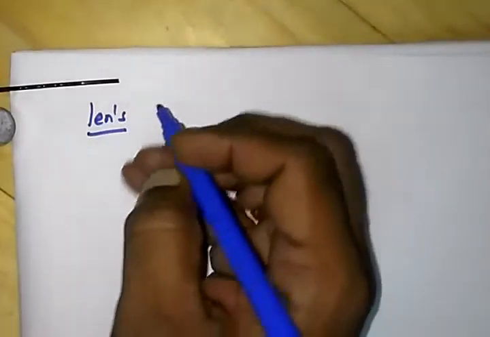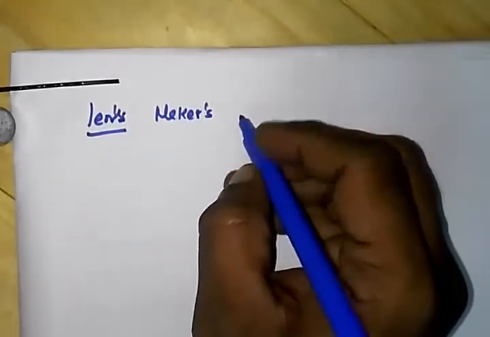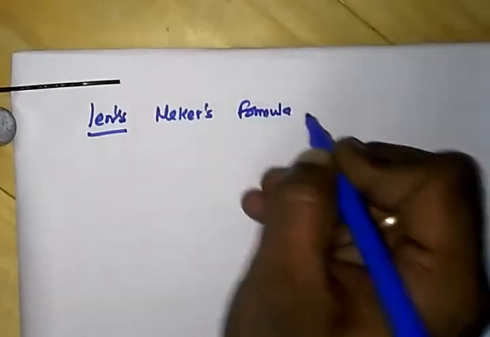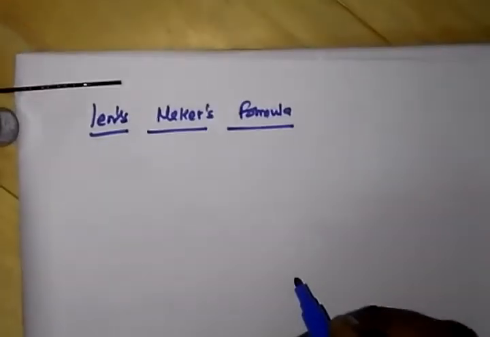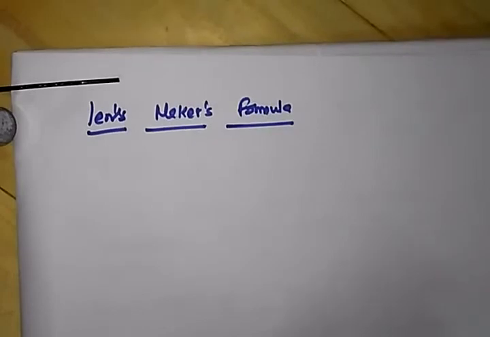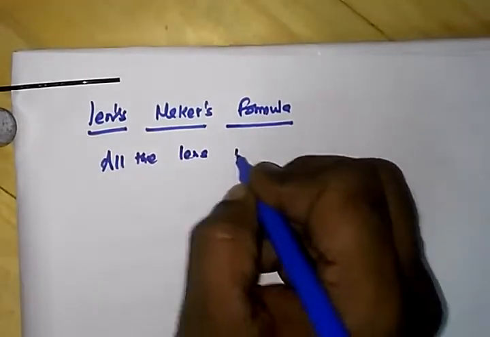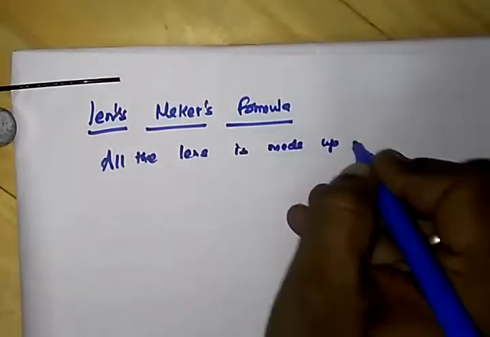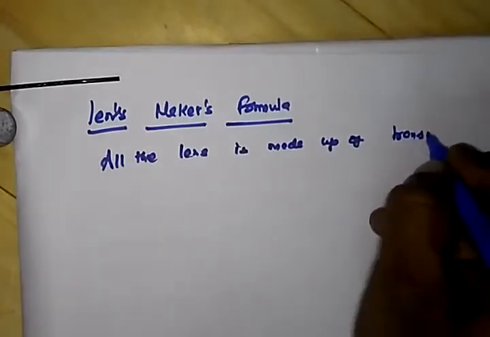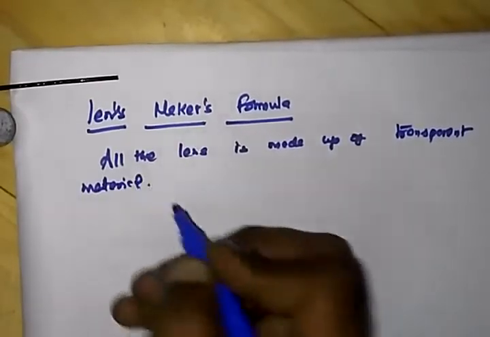Okay, so next, lens maker's formula. All the lenses are made up of transparent material, either glass or fiber.